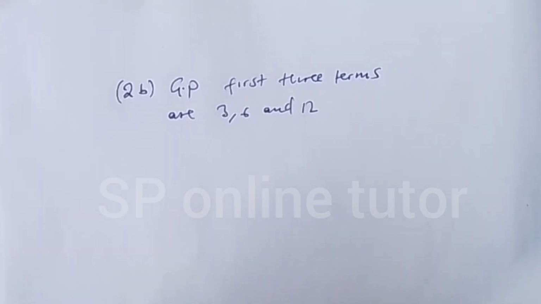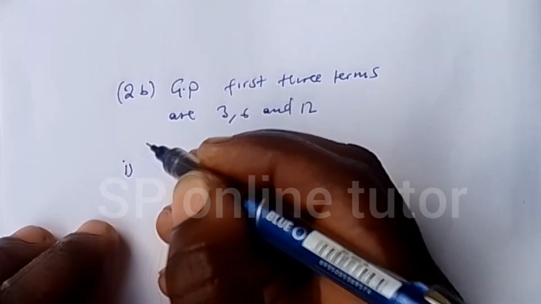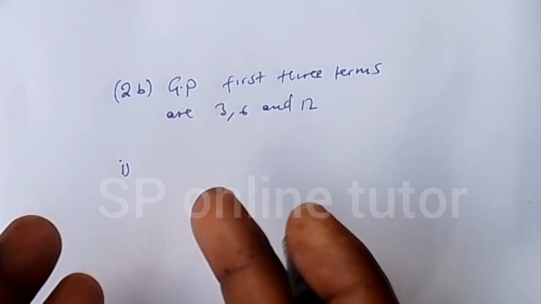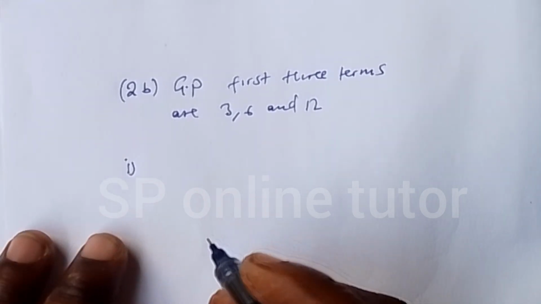And we are asked to find first, at Roman numeral 1, the nth term. When you know the formula of a GP, then it is easy for you to find the nth term.